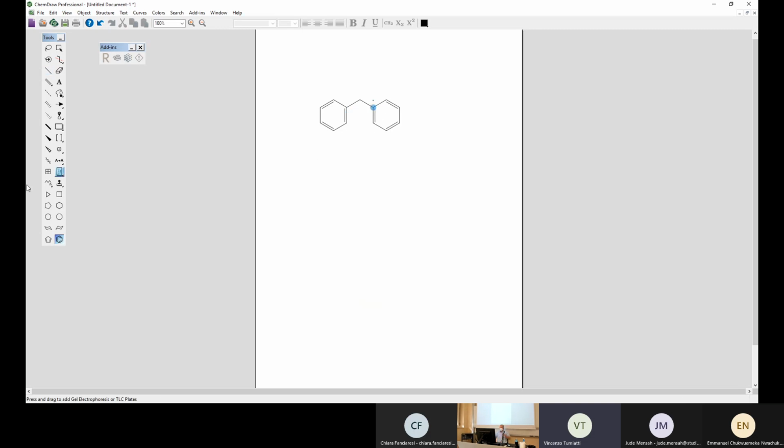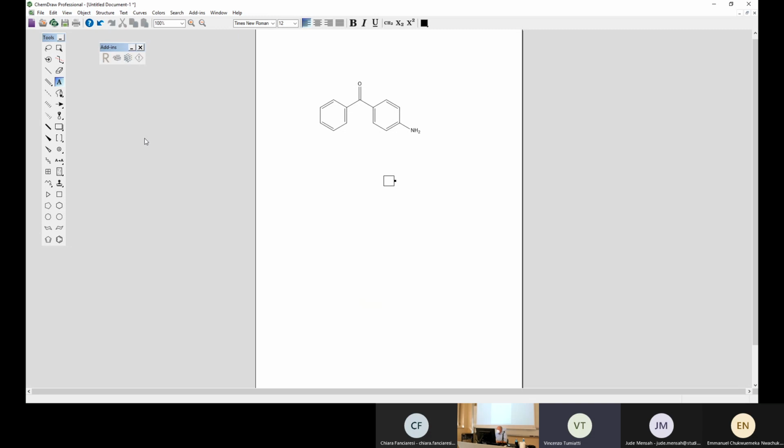And then perhaps we can make a double bond. We can put an oxygen here. And then if you want, we can insert a substituent, an aromatic ring, and H2. Okay.